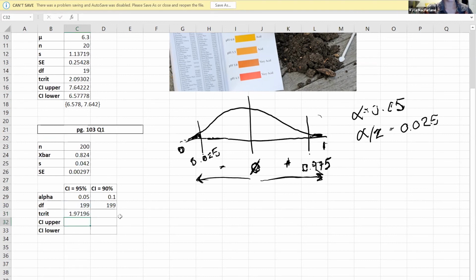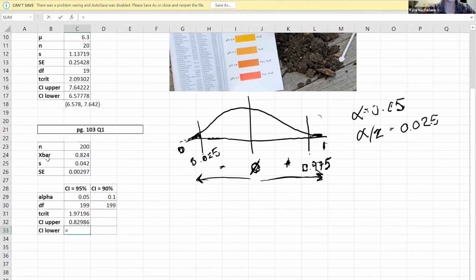And then our degrees of freedom. If we calculate the upper limit for this 95% confidence interval, that means we've got our mean plus our critical value times our standard error.